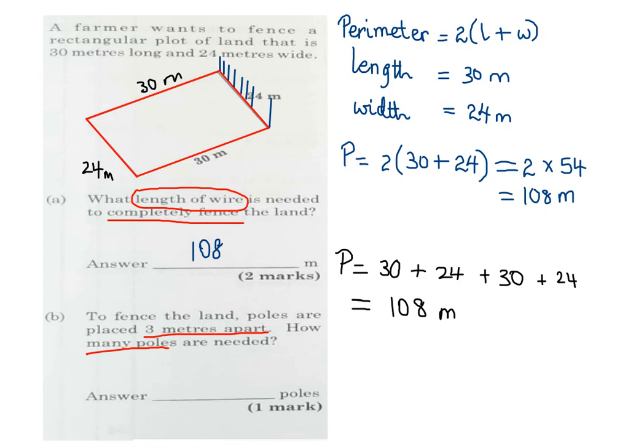Okay. Wait, it's just a little too close, but you understand the idea, right? You're trying to place the poles in such a way that the poles all have to have 3-meter spaces between them, right? That's the general idea behind this. We have to have at least 3-meter spaces between them.